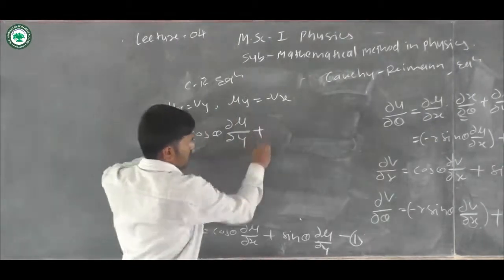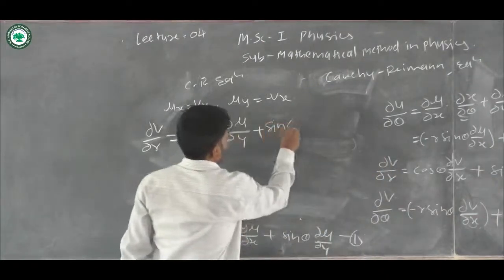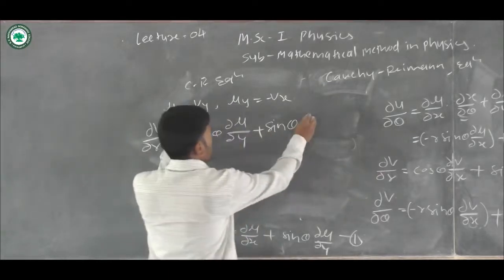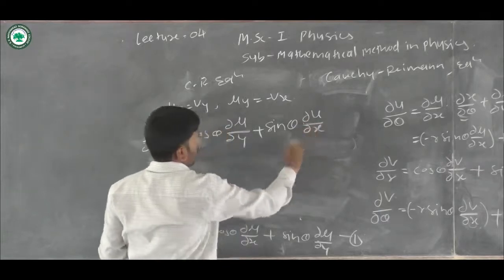So plus sin theta as it is, and ∂v/∂y is ∂u/∂x.